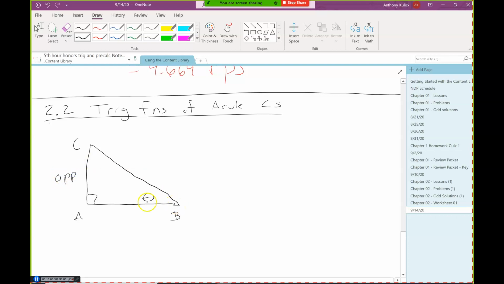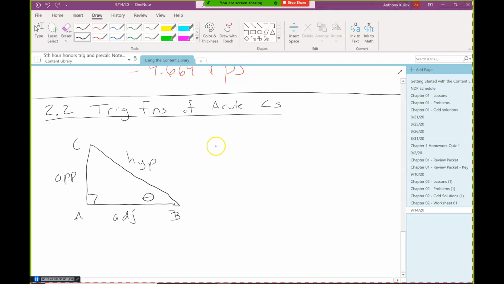So again, the opposite side is the one that doesn't make up the arms of the angle. And which side is the adjacent side? AB. Good. Remember, the adjacent side is one of the two arms that make up the angle, but it's the shorter of the two arms. And then the hypotenuse, we know, is the longest side of the triangle, or the longest arm that makes up our angle theta. Everybody's okay with that?